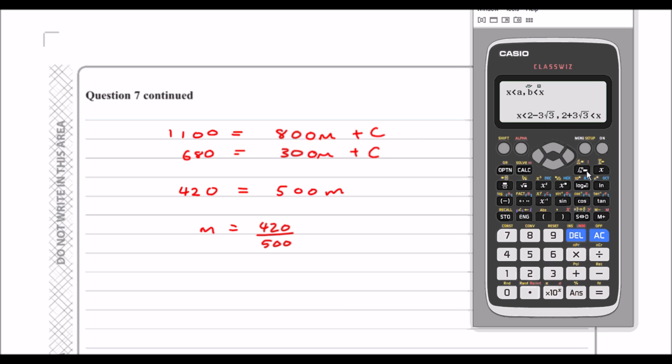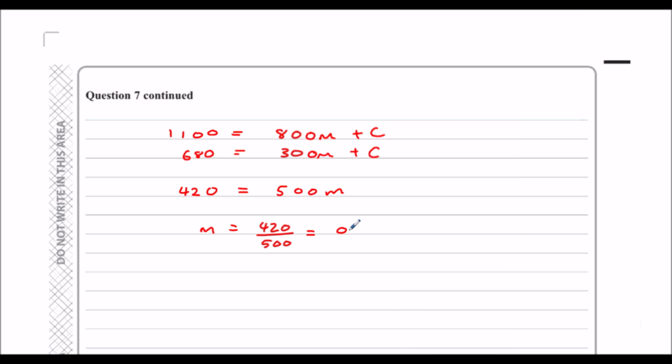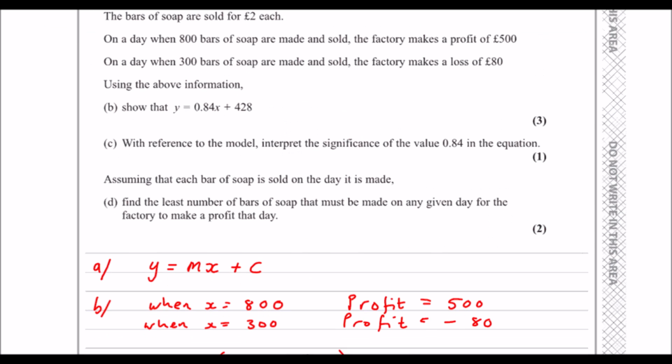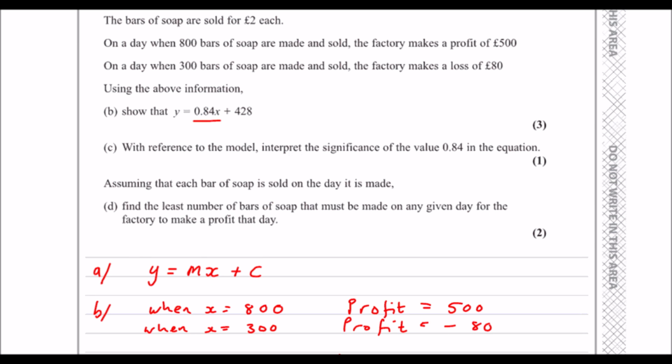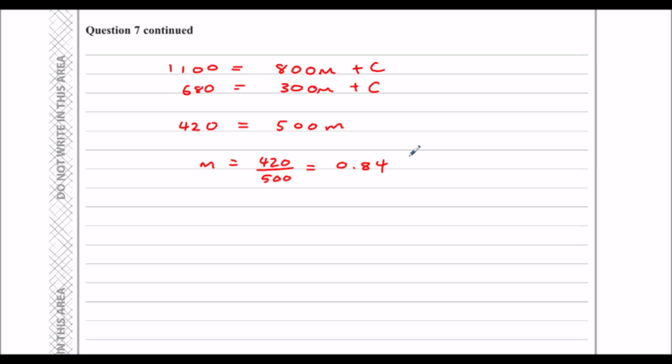So 420 over 500 is 21 over 25, or 0.84. And I think that's what we wanted. I think we wanted 0.84. And then let's find C. So let's substitute the M back in.